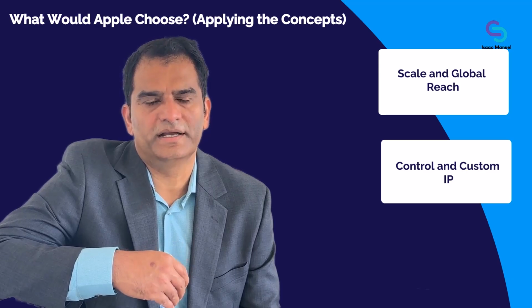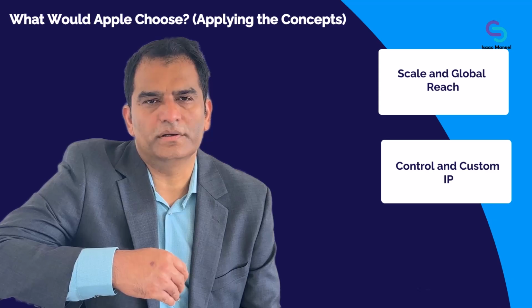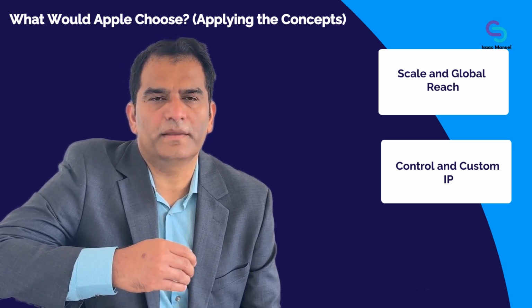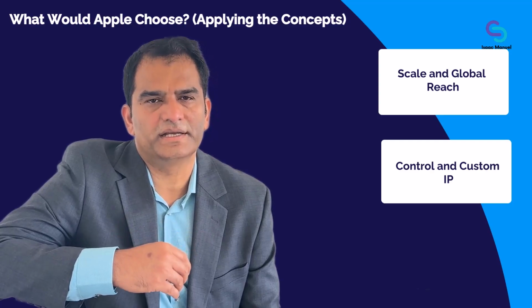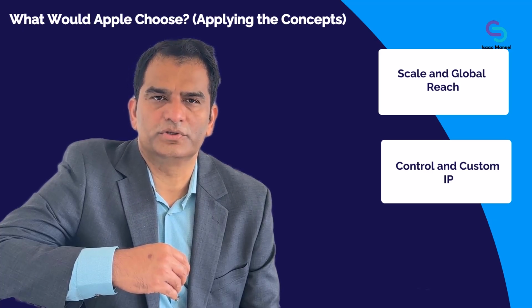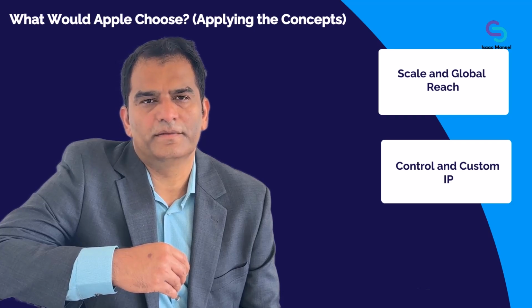Perhaps Apple has a custom algorithm to allocate stock of new iPhones to stores based on pre orders. With on prem, they could build that directly into SAP's code if needed. Whereas with cloud, they might have to use side tools or wait for SAP to support such a scenario.